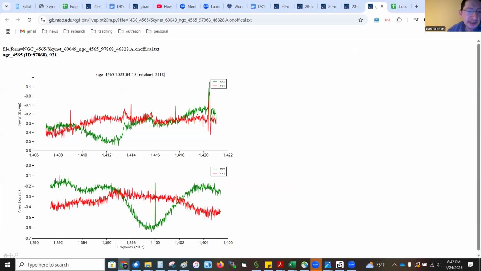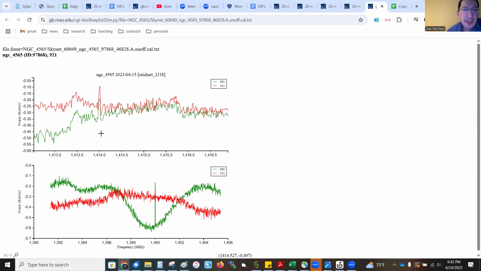Here, we're going to measure it. So you go to live spectrum, there's a magnifier tool, you can zoom in. And the green one, we didn't have complete cancellation of the undulation, so it's on a little bit of a slope. The red one's a little bit better. You can see the horn-shaped profile, so it's a very well-ordered disk.